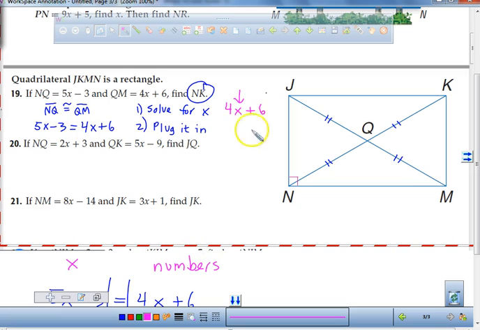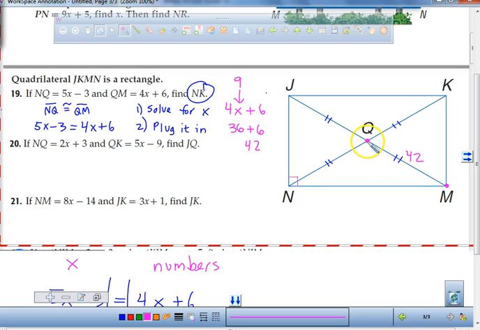You betcha. 4 times what was my value for x? What is 4 times 9? 36. What is 36 plus 6? 42. Now, what does this mean? That means the distance from what? The distance from Q to M, which is this distance right here, everybody. From Q to M. What did we find that distance to be? 42.